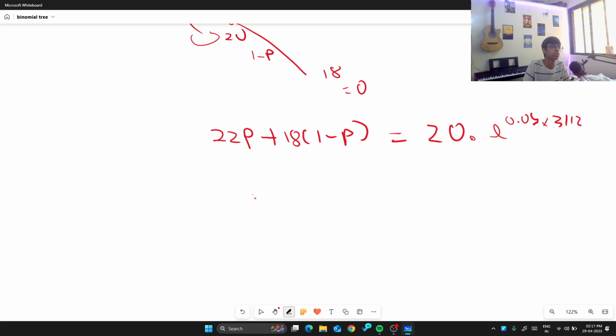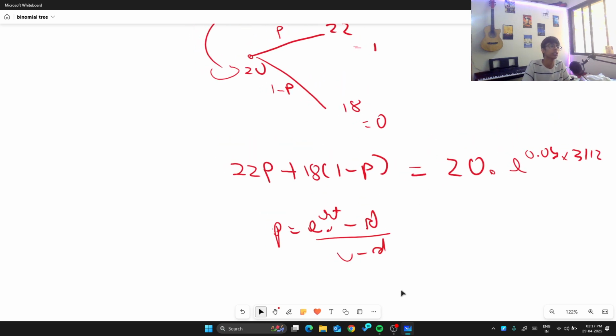Or you can use this formula also, right? The formula is P equal to (e^RT minus D) upon (U minus D), with the up movement and the down movement. So up is 1.1, down is 0.9, and e^0.04 into 0.25 minus D, our 0.9.